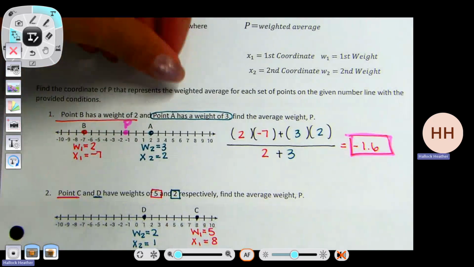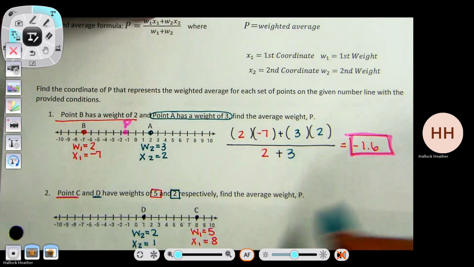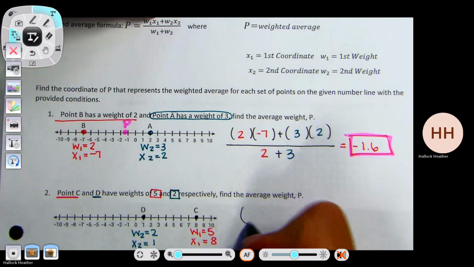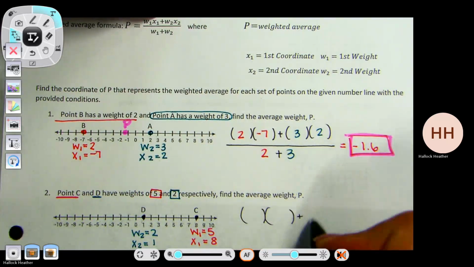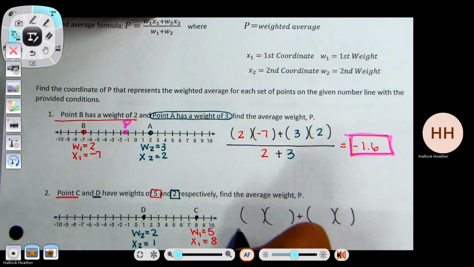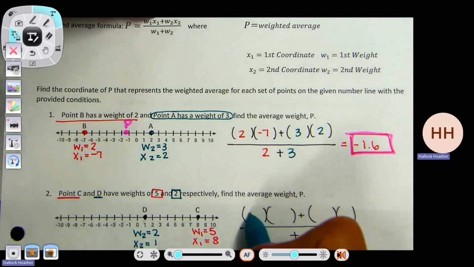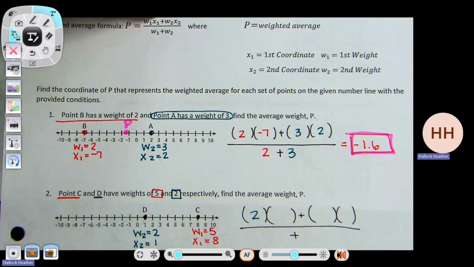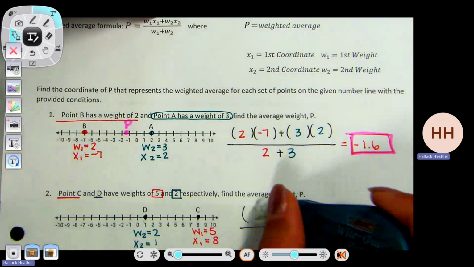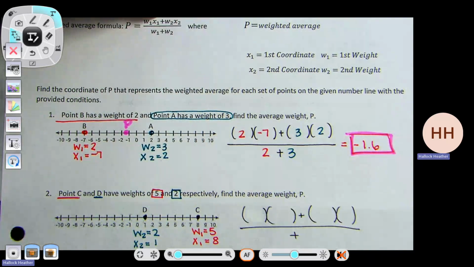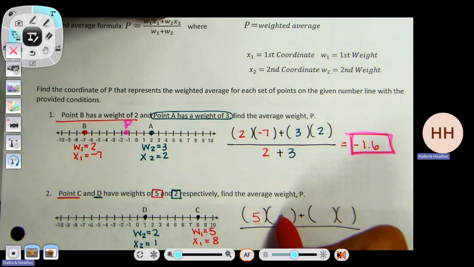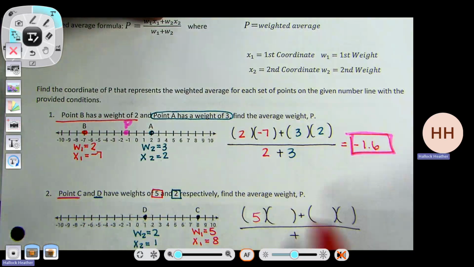So here's our formula at the top. Weight 1 is 5. What's X1? 8.